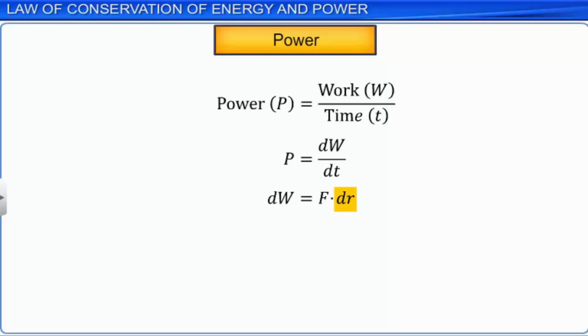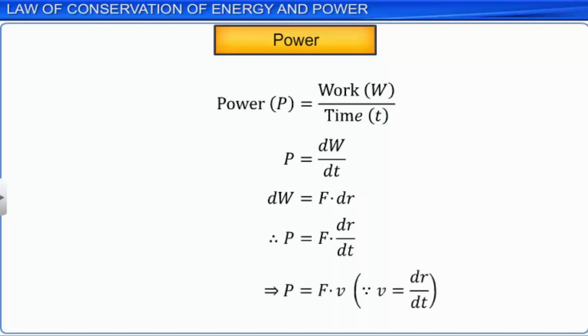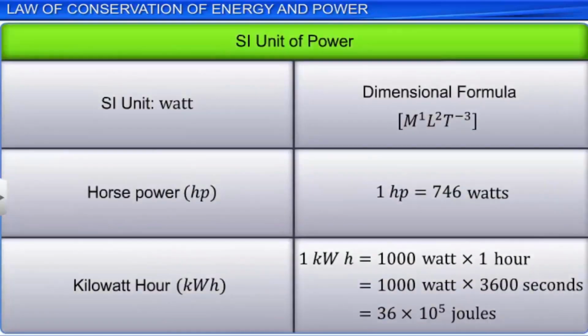Therefore, P is equal to F dot dr by dt, which is equal to F dot V, since dr by dt is equal to instantaneous velocity V. Power is a scalar quantity and its SI unit is watt, and its dimensional formula is M power 1, L power 2, T power minus 3.